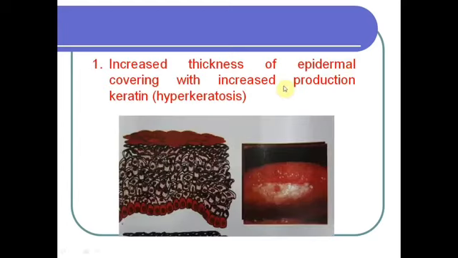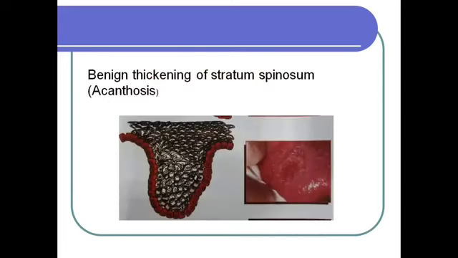Okay, so this is the first one, increased thickness of epidermal covering with increased production of keratin. So this is keratin, which is the supermost, the top layer. So there is increased production of keratin, which is known as hyperkeratosis, which could be a reason for the appearance as white. And the second one is benign thickening of stratum spinosum.